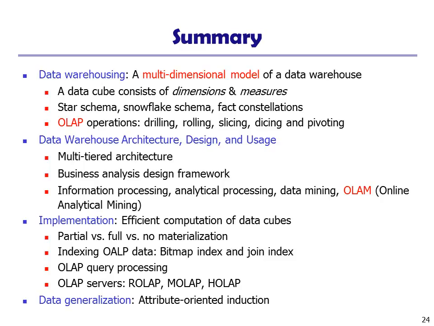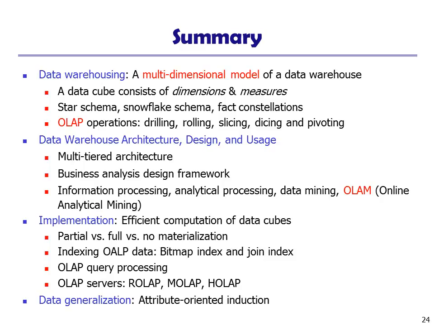We started with data warehousing, defining what a data warehouse is, what dimensions and measures are, different schemas such as the star schema, snowflake schema, and fact constellation to represent the data in the data warehouse, and the different kinds of operations that can be performed on a given data warehouse, such as drilling, rolling, slicing, dicing, and pivoting.